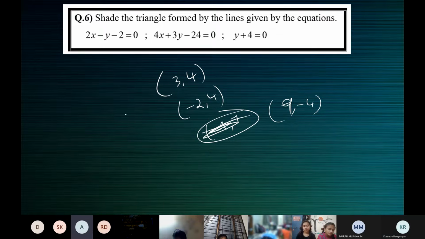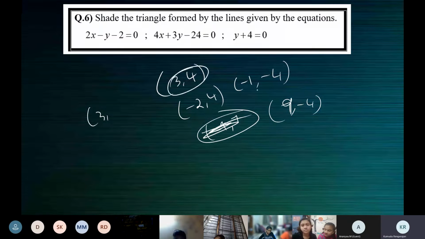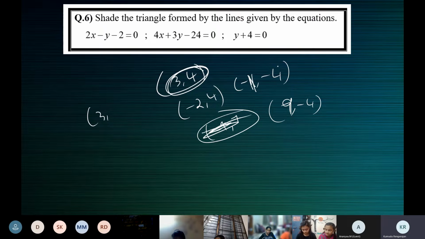Ma'am, 3, 4 and 9, -4 are right, but the middle point is -1, -4. Oh, okay, fine. So Ananya and Pranav are getting 3, 4, -1, -4, 9, -4.